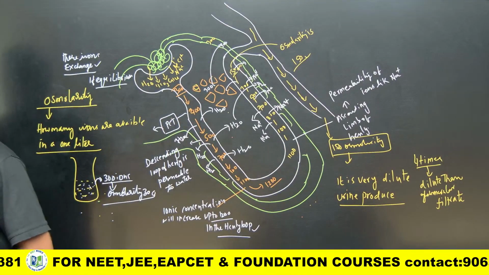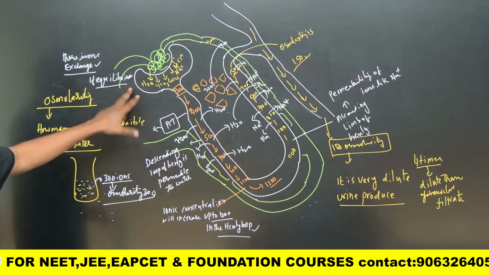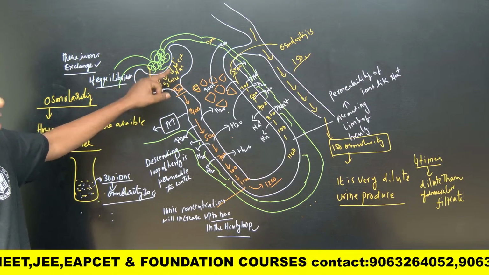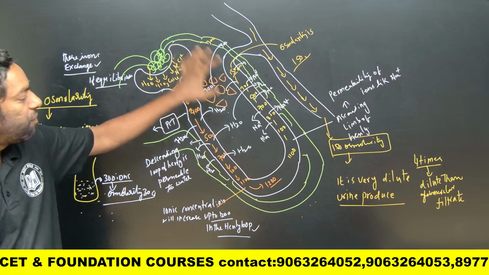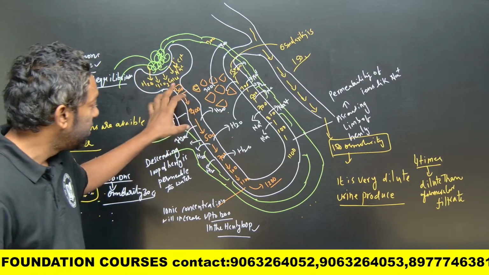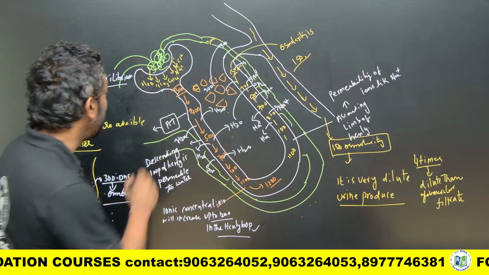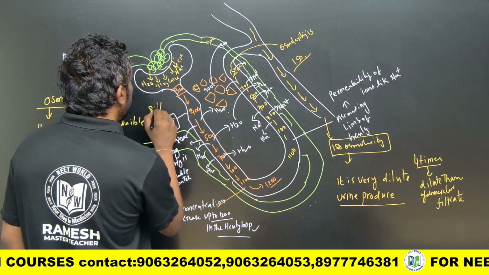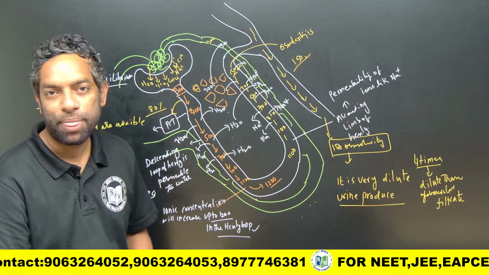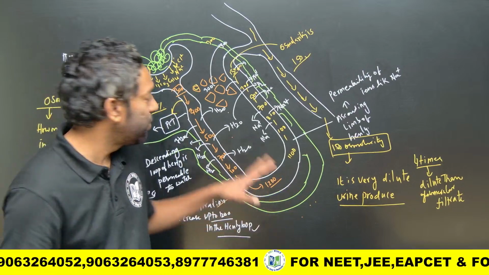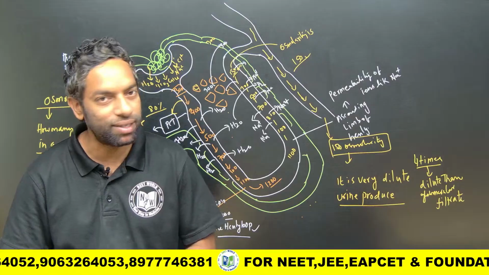Guys, just look here. First, filtration takes place, which we call glomerular filtration. After filtration, in the PCT, 80% reabsorption takes place, leaving 300 osmolarity initially.